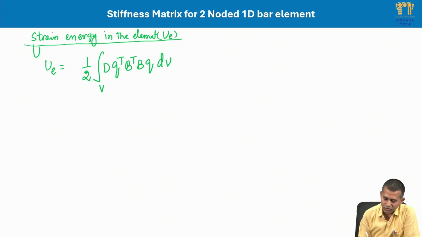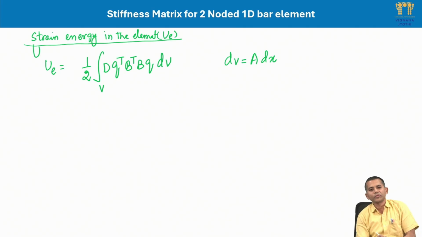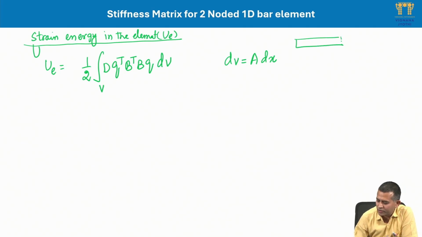Right. So now since we are considering the one dimensional element, I can write the volume of the element in terms of A into dx, because now the variation is happening only in the x direction. If you are considering this element, the deformations and forces are all acting in one direction, that is the x direction. So I am converting this volume dV in terms of A into dx.